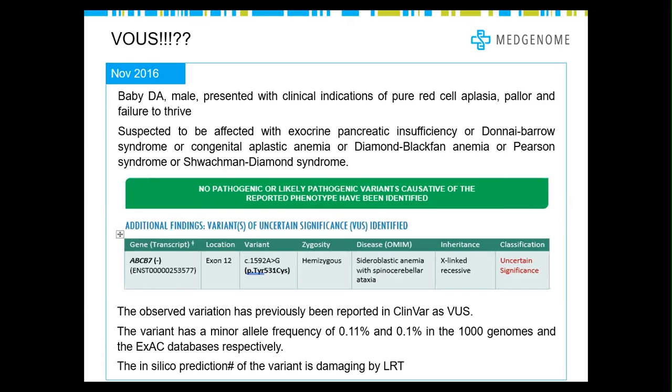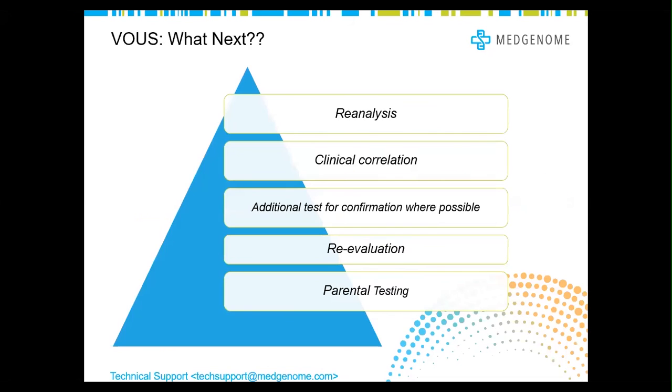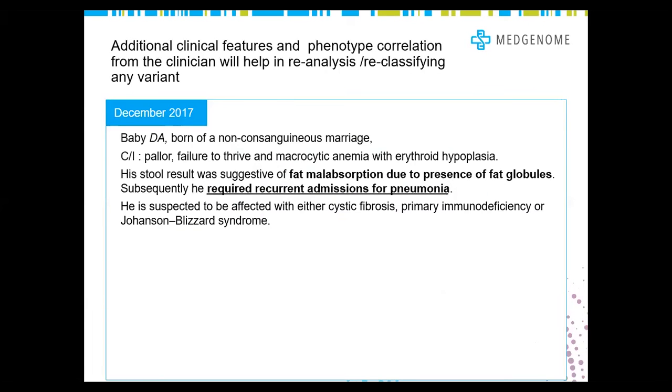The clinician was sure that this is not what he was looking for. So now what? Either we go for a reanalysis, we go for further clinical correlation, whether any other test can be done. We need to reevaluate the patient, and we need to reevaluate what data we have. And sometimes segregation testing can help in such cases. So again, this patient had gone to another doctor, and within a year the phenotype evolved.